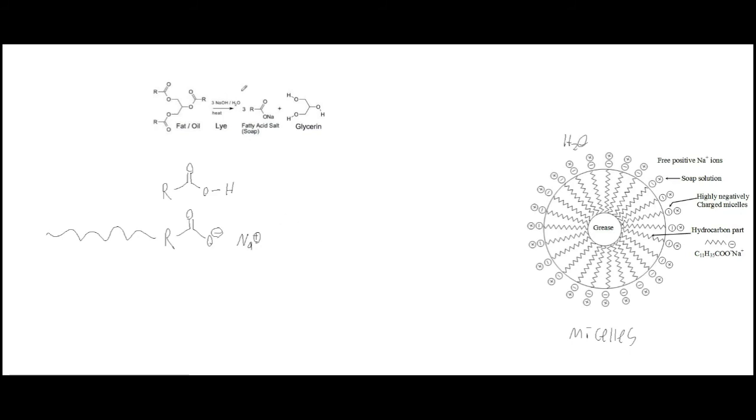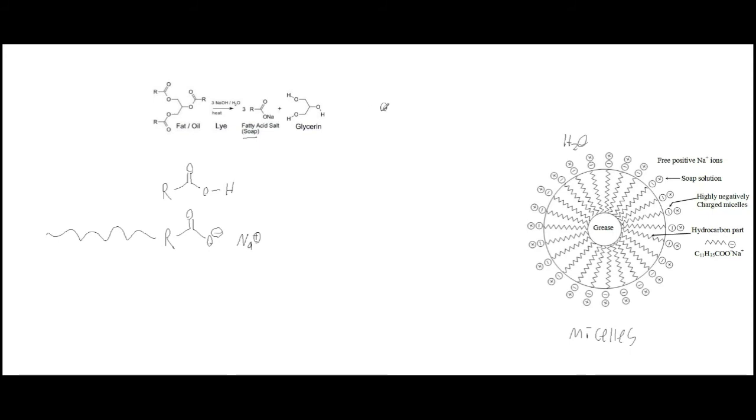And so this reaction up here, which maybe you know from the movie Fight Club, where they're adding lye to fat that they stole from a liposuction clinic so that they can make soap.